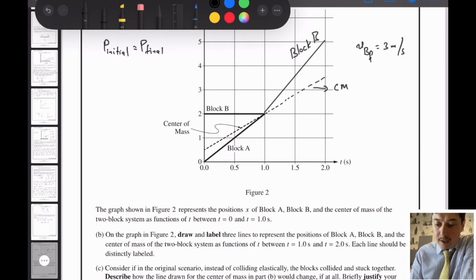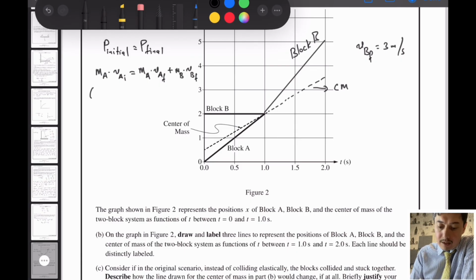Initially, we have only block A moving, so it's the mass of block A times the speed of A initially, which is equal to, finally, two blocks moving: block A with the speed of A finally, which is what we are trying to find, plus the mass of block B times the speed of B finally, which is 3 meters per second.